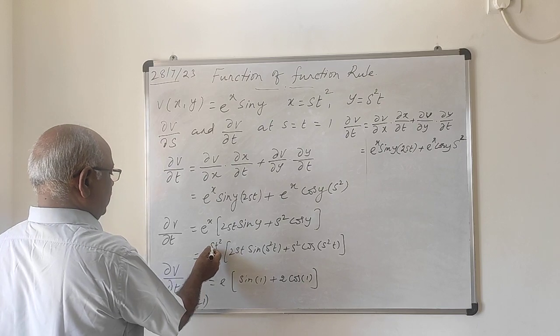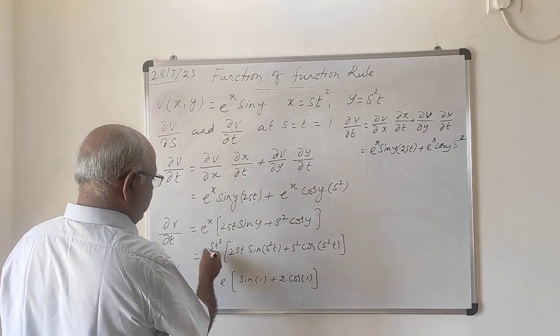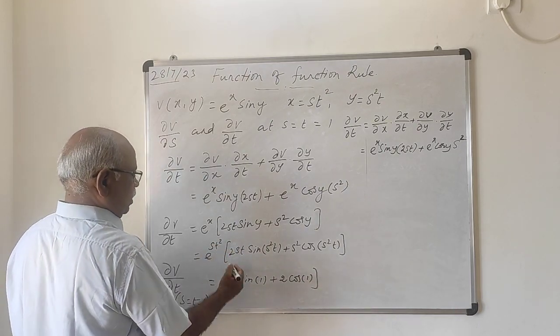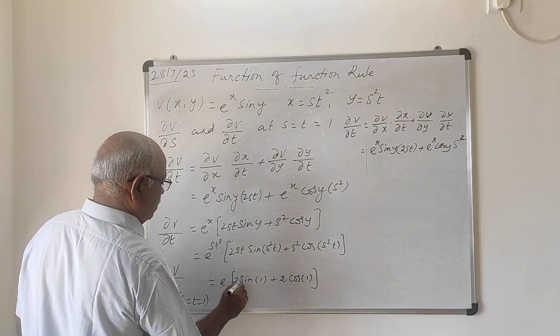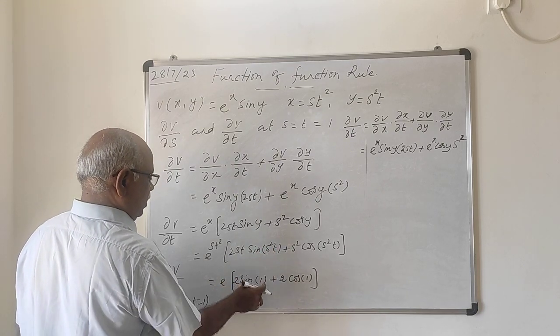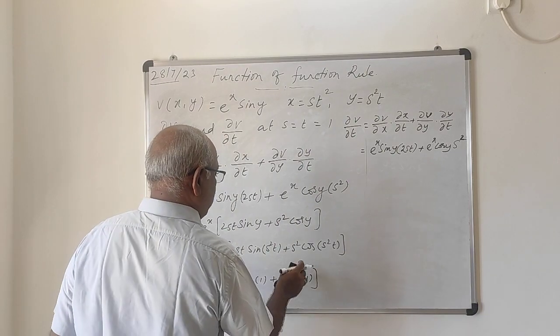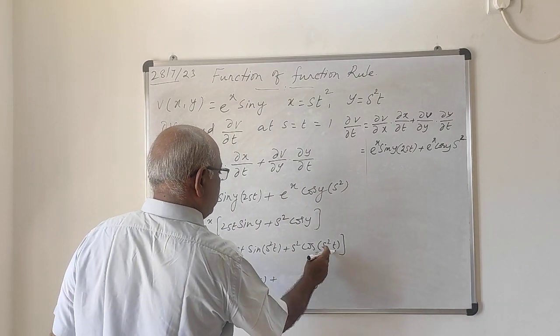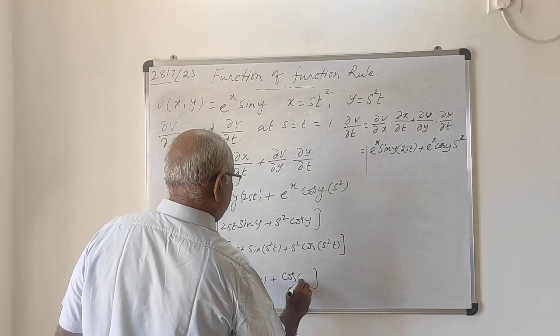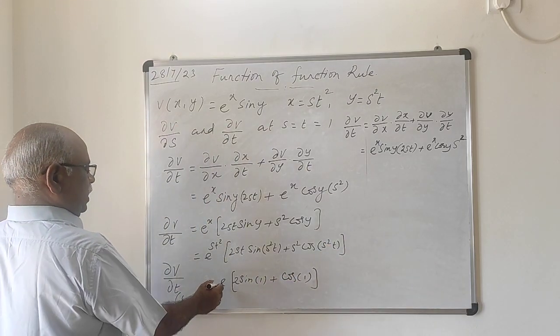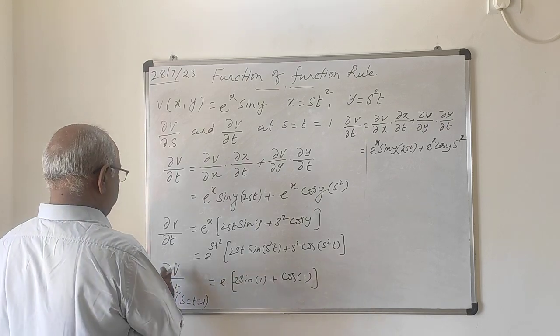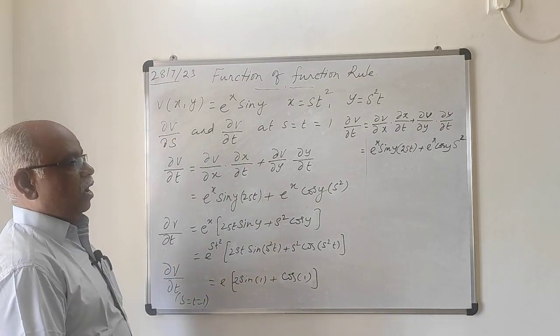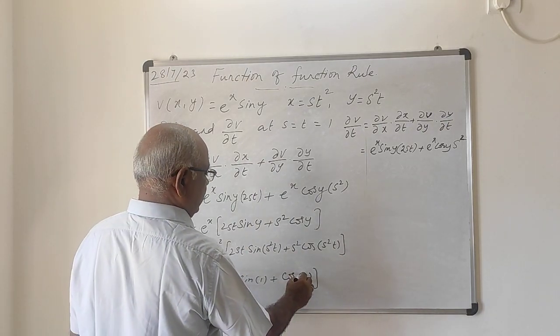E power 1, s is 1, t is 1, e power 1 is e, here 2 into 1 into 1, therefore 2 into sin 1 into 1 into 1, 1 sin 1, plus here s square is 1, 1 into cos 1, therefore you will get cos 1. So e into 2 sin 1 plus cos 1 is dou v by dou t at s equal to t equal to 1. That's all about the result.